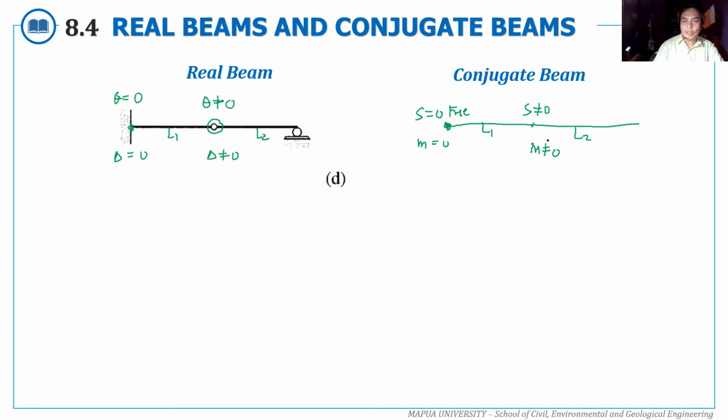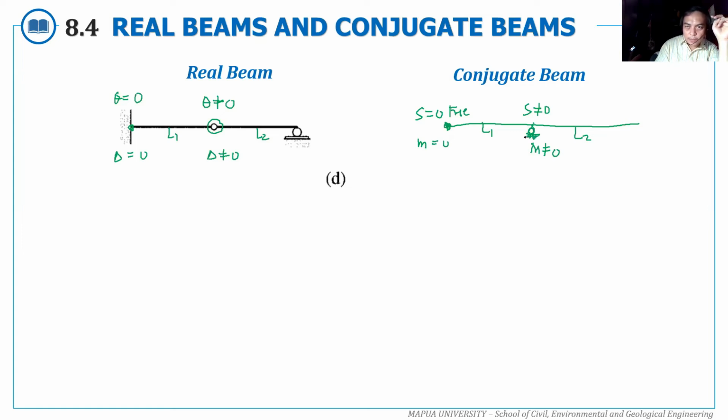Anong klaseng support yun? Anong ilalagay ko doon sa joint na yon para pagka kinat ko yung section, may shear na lalabas, may moment na lalabas. And they are both not equal to 0. Eh di maglagay ako ng internal roller, sa interior support.